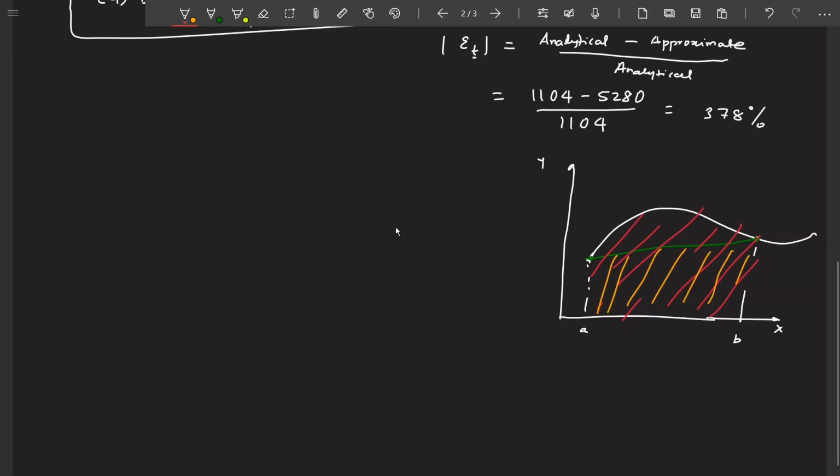So obviously, there is so much error. So what we are going to do now is reduce the percentage error. You might think at this point, instead of applying a single element, why don't we approximate the curve using multiple elements?